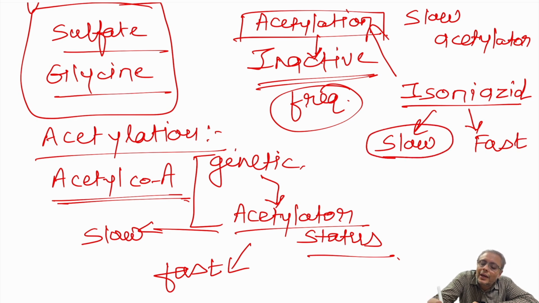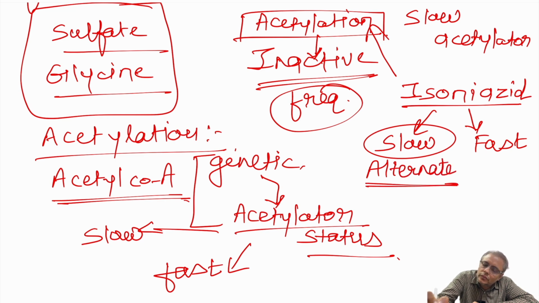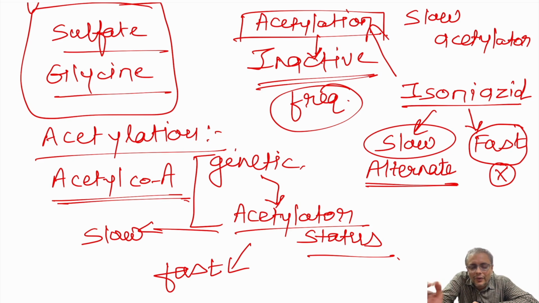In slow acetylators, if you give the drug on an alternate day regimen, the plasma concentration is still sufficient for the treatment of tuberculosis. But the same is not possible in fast acetylators. The question does not arise in tuberculosis now, because as you know, in the revised guideline isoniazid is to be given daily, but you should know this.